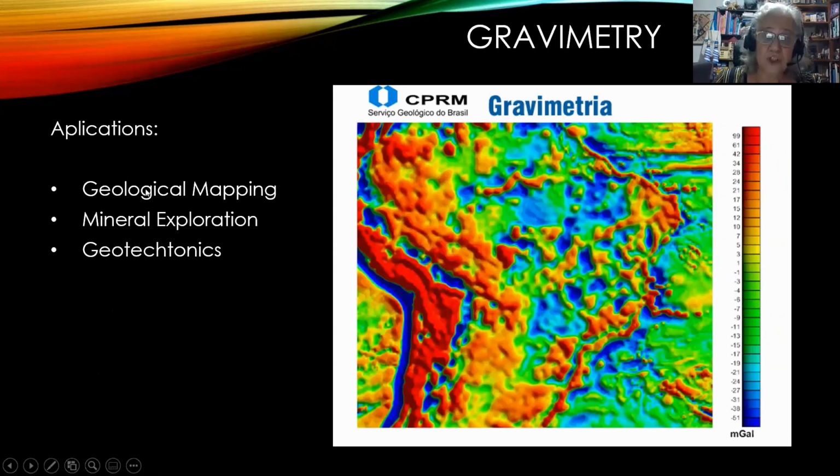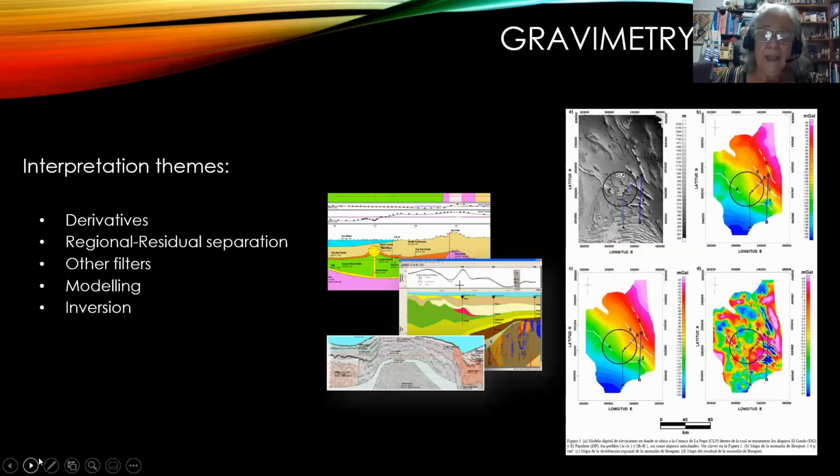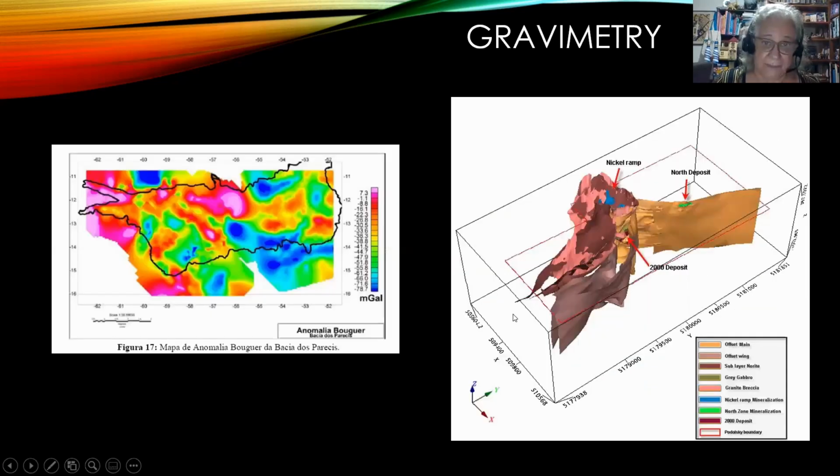It is used for geological mapping, mineral exploration, and geotectonic settings. And you can also generate various interpretation terms like regional and residual separation, and other filters such as vertical derivative and total horizontal derivatives.